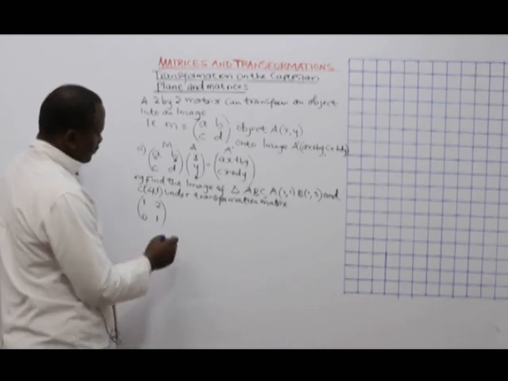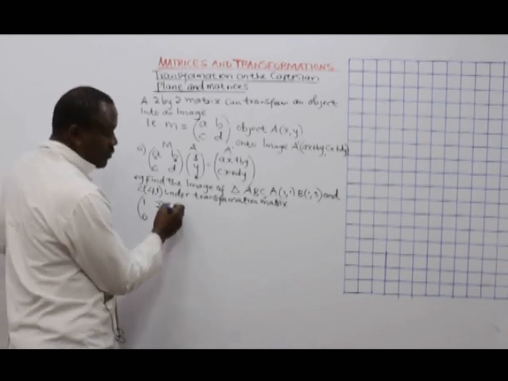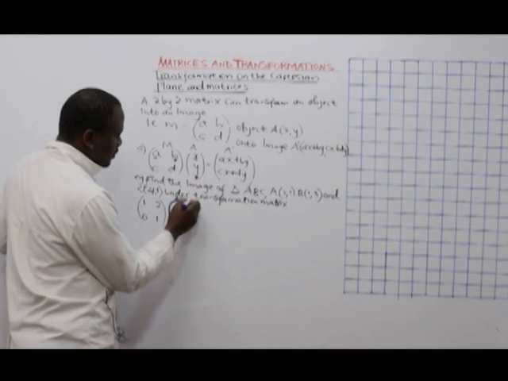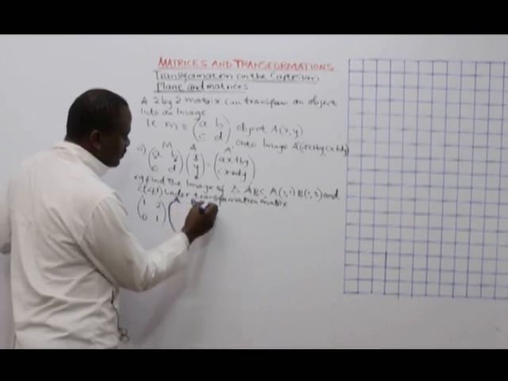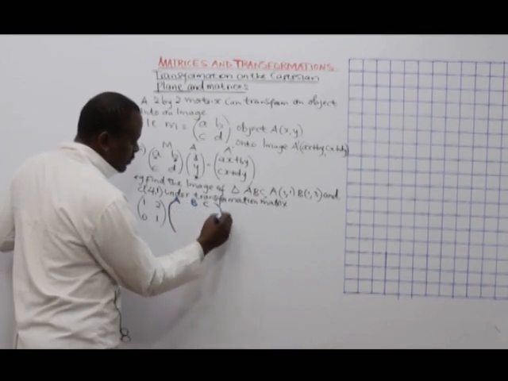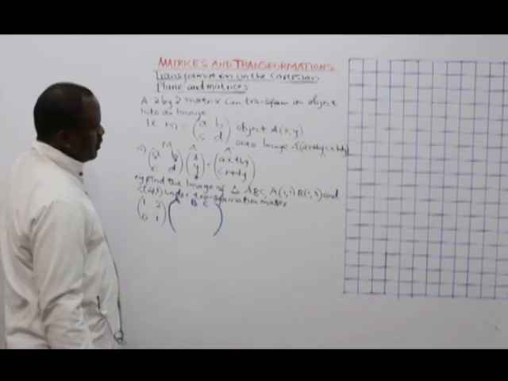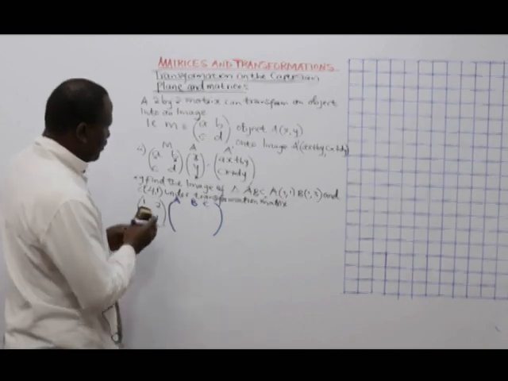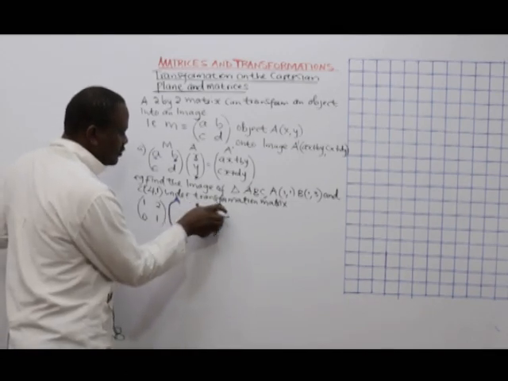So what we do, we write the object here: A, B, C. Now, we can do it one by one also.